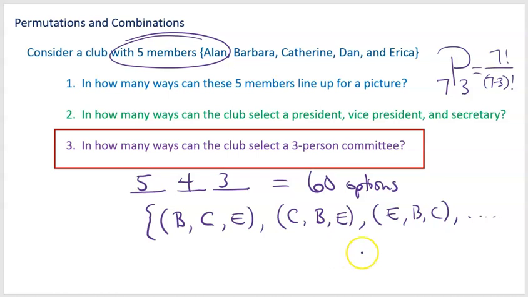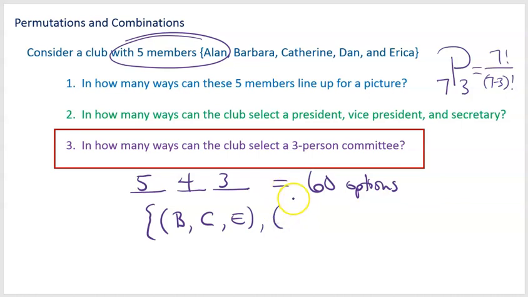Well, it turns out there's 6 of them. Should we list them all? Let's do that in an organized fashion so you can just see. So we have Barbara, Catherine, and Erica. So we did B, C, E, and then let's do B, E, C as an option.